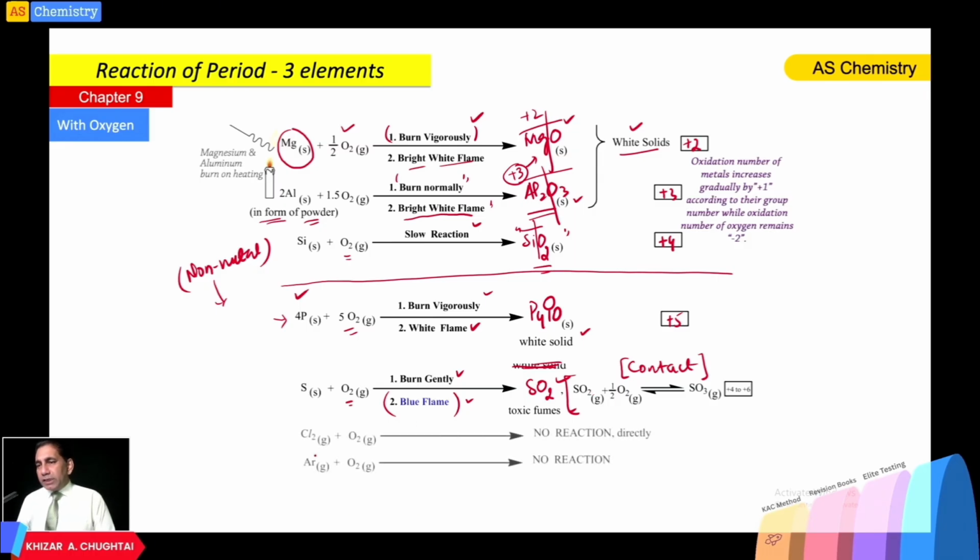Next, chlorine and argon are not supposed to react with oxygen directly, especially argon, and chlorine also does not react with oxygen. One of the basic reasons is the high activation energy. So these are the main reactions with their equations and observations, showing how the period 3 elements react with oxygen, especially at high temperature.